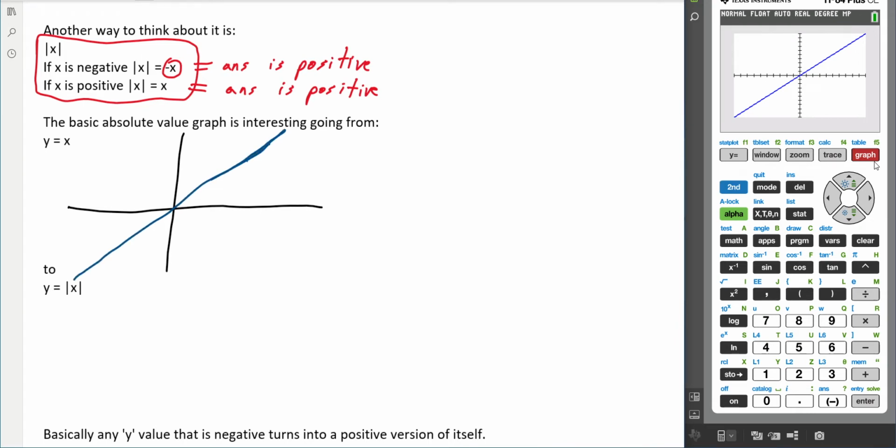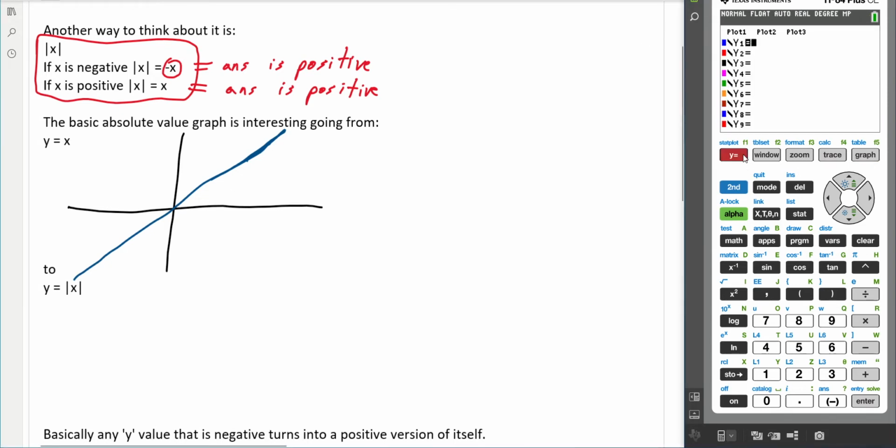Now, what happens if you put an absolute value around the x? Well, basically every answer is positive. And this is how you do absolute value in the calculator, by the way. Math, go over to num, ABS bracket, enter, and now we can put in our x, and so that will let us graph it.